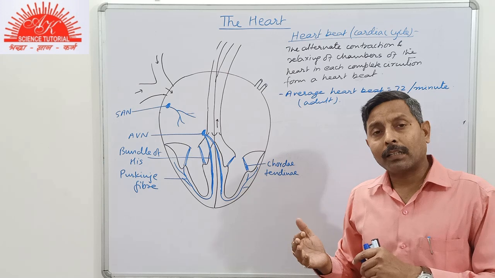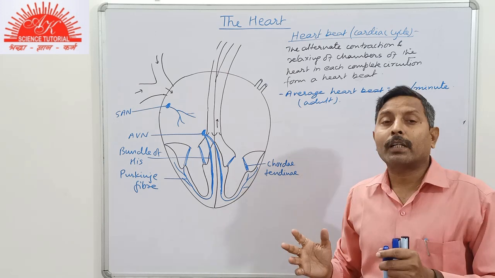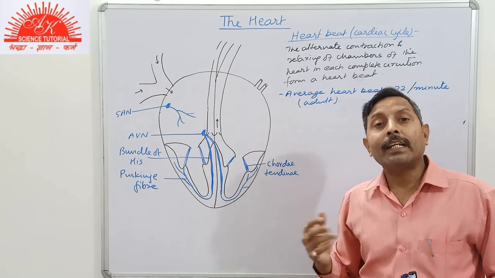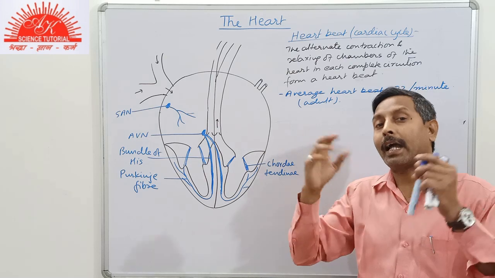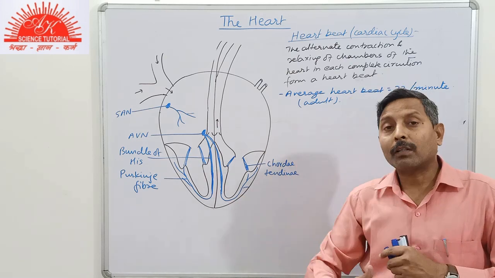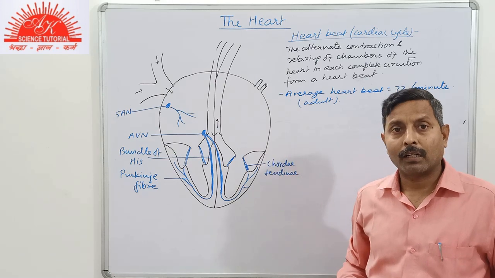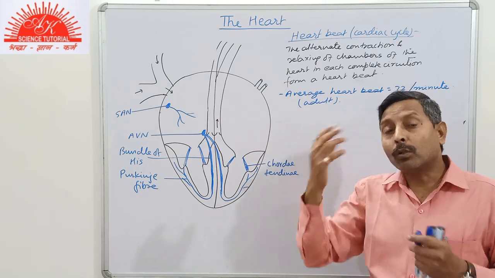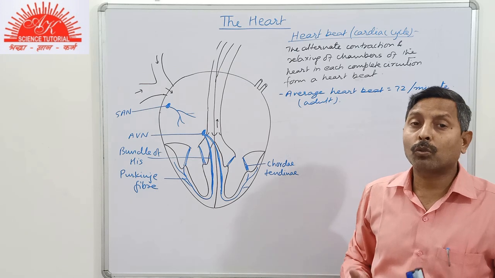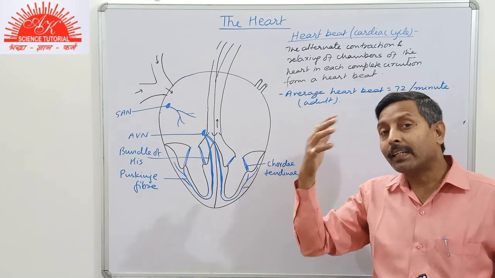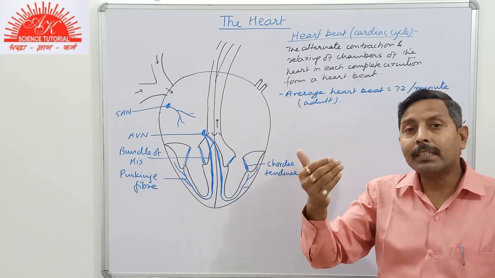The reason is that due to a smaller body size, the surface area to volume ratio is higher. So from the surface of the body, a large amount of heat is dissipated. So in order to distribute the heat generated in the body throughout the body, or carry the different substances, the heartbeat is higher.